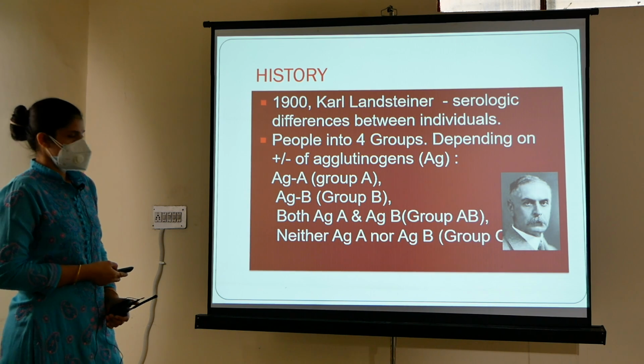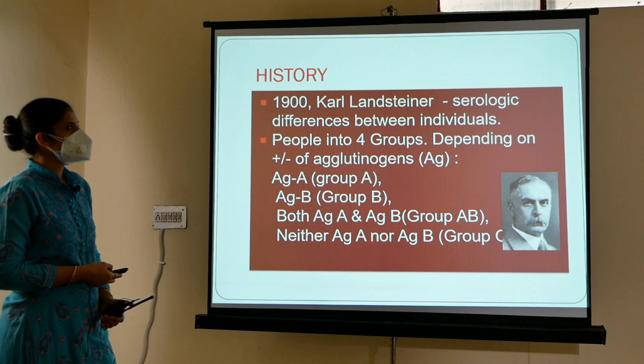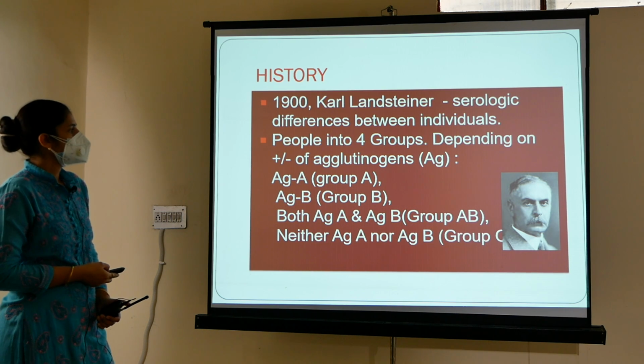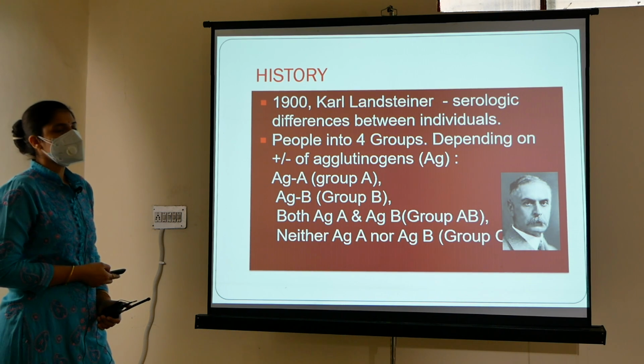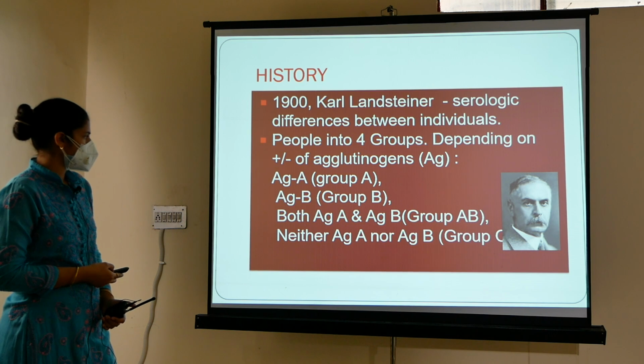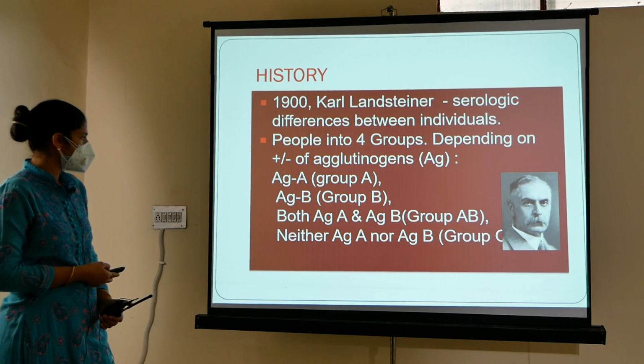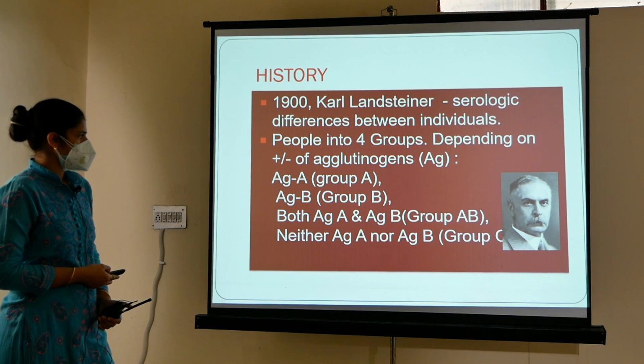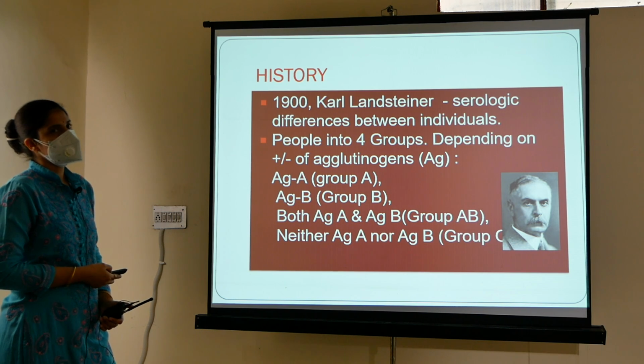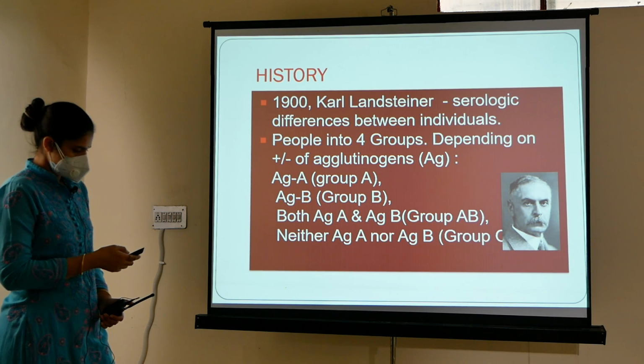In blood group A, antigen A is present. In blood group B, antigen B is present. In blood group AB, both types of antigen A and B are present on the surface of the RBC cell membrane. And in blood group O, neither antigen A nor antigen B is present.